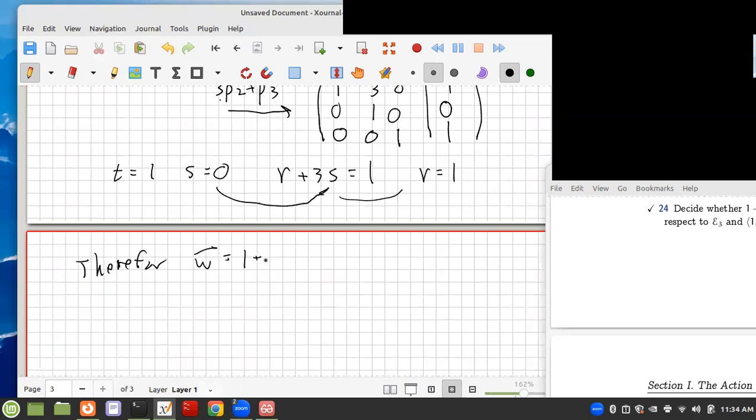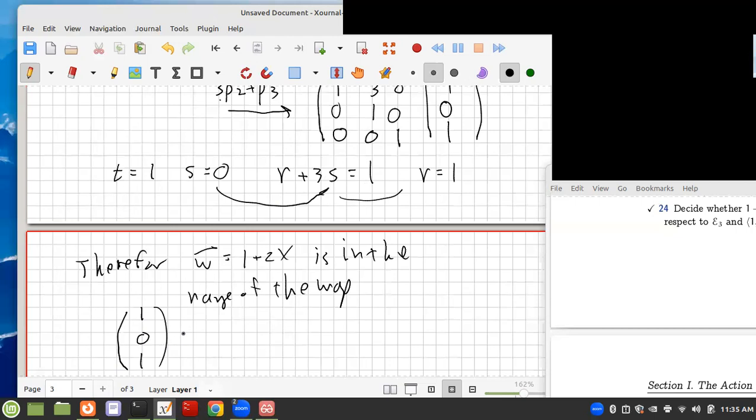So therefore, W equals 1 plus 2x is in the range of the map. And we found that the vector that did this, the pre-image, was 1, 0, 1, because it's r, s, and t.